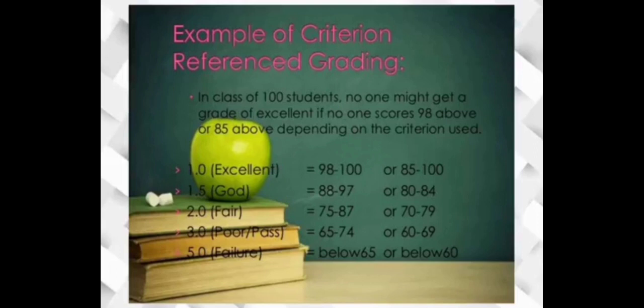Here is an example of criterion reference grading. In a class of 100 students, no one might get a grade of excellent if no one scores 98 and above or 85 and above, depending on the criterion used.